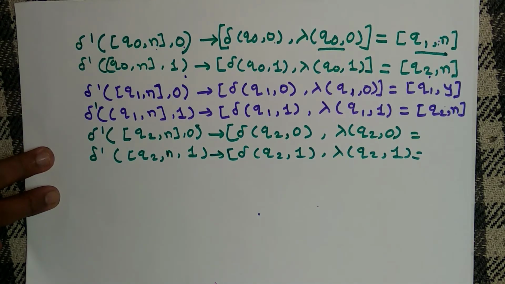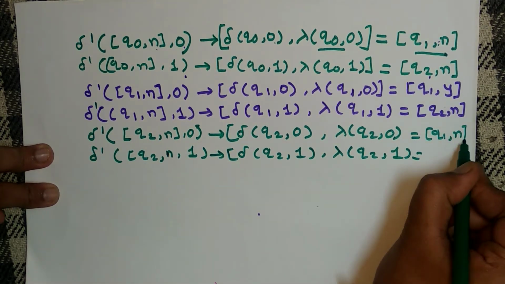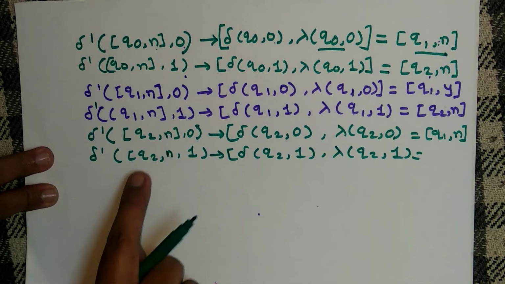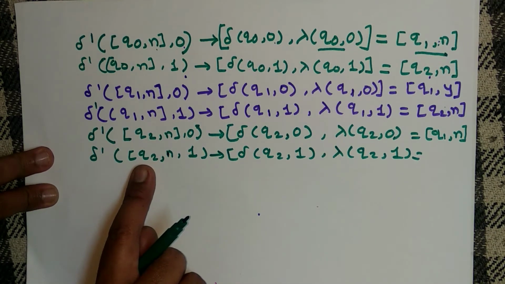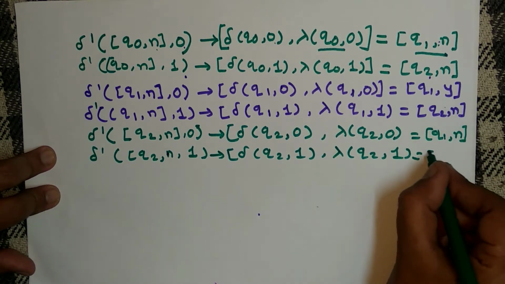So what will we get? Q2n over 0, we will get Q1n, and you can cross check it from the diagram. Q2 over 1, we will get Q2y.